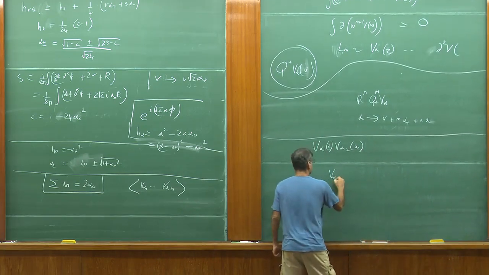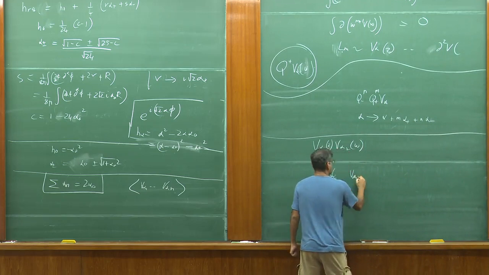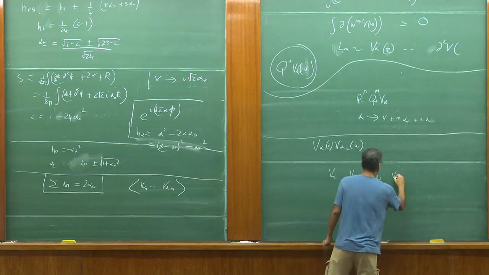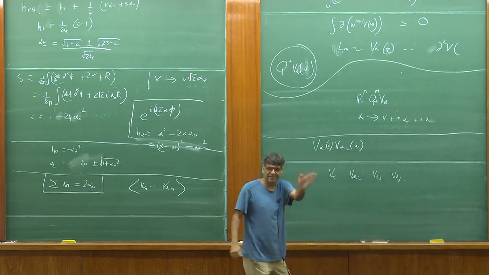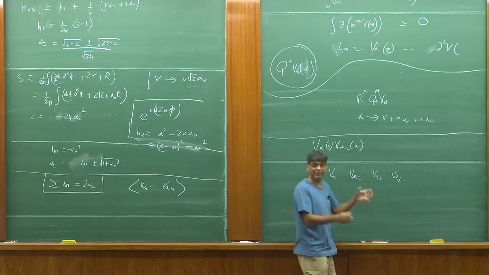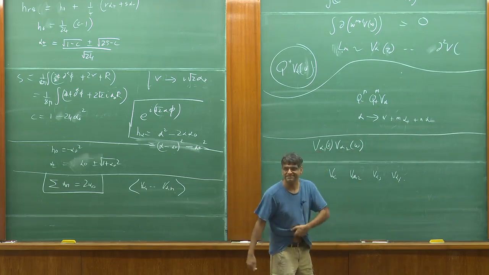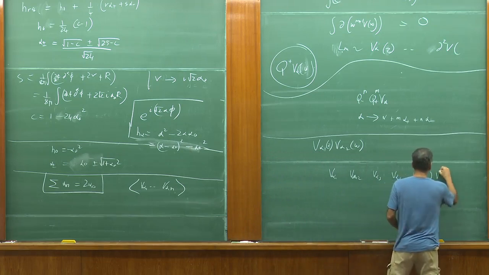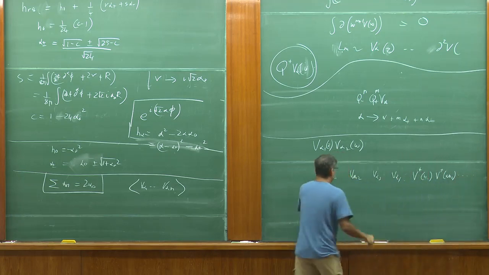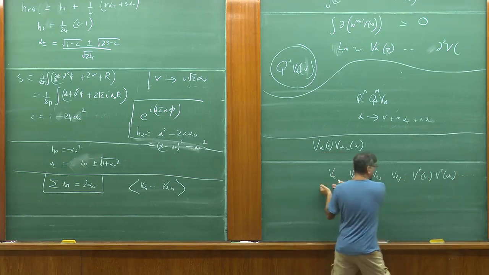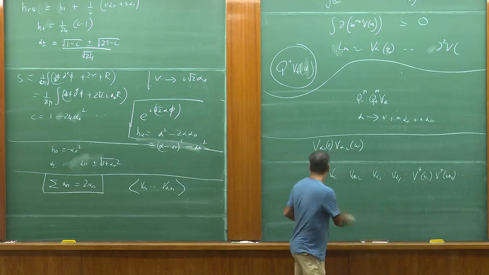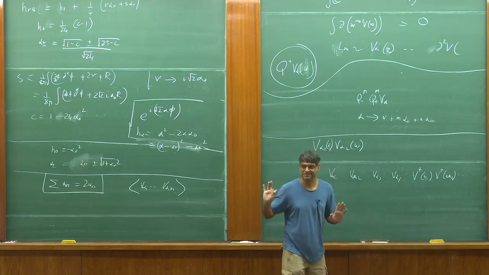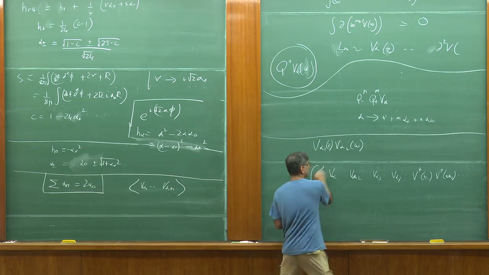We'll have V alpha 1, V alpha 2, V alpha 3, V alpha 4. We'll have these 4 insertions. Then we will have some number of these Q operators. So we will have V plus of W1, V plus of W2, those associated with alpha 1, those associated with alpha 2, and all of these will be integrated around some contours. In the end, this is what we will be computing.